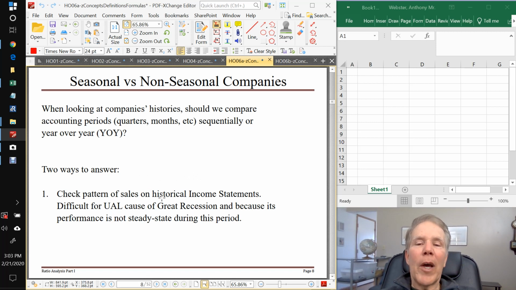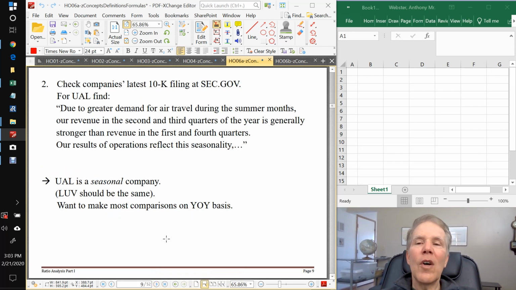You can check the pattern of sales if we're in a good, healthy environment like we are now, where the economy is expanding. So you can look for a sine wave of sales, and that would tell you it's seasonal throughout the year. But one thing you can always do is go to an entity's 10K report filed with the SEC, and if they are seasonal, they have to say so in the 10K.